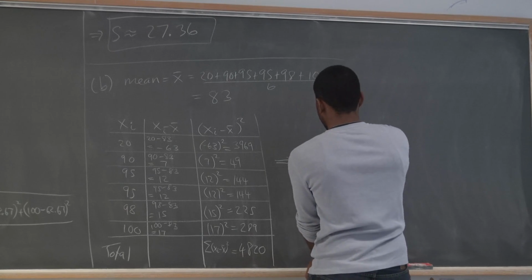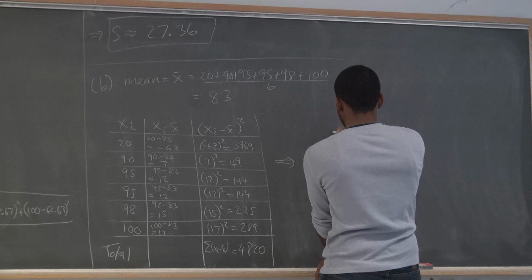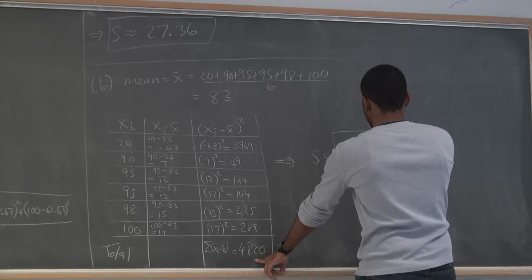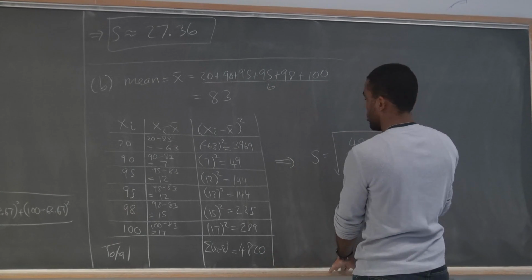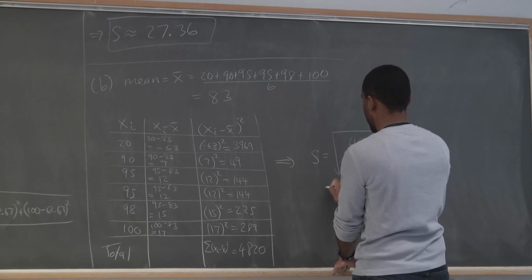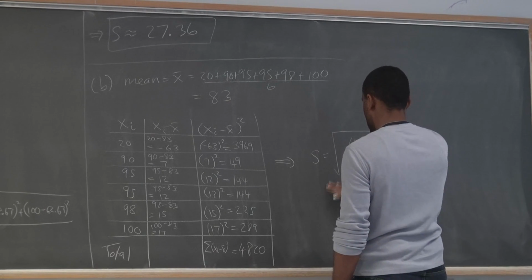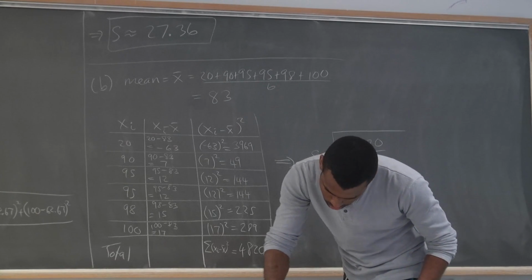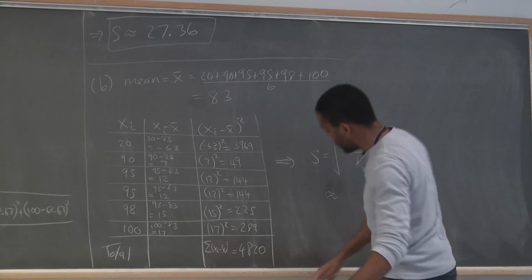This means our standard deviation is just the square root of 4820 over 6 minus 1, which, I computed that, is 31.05.